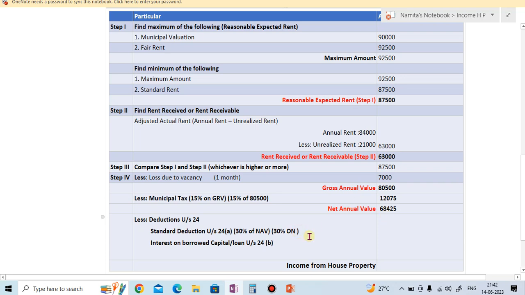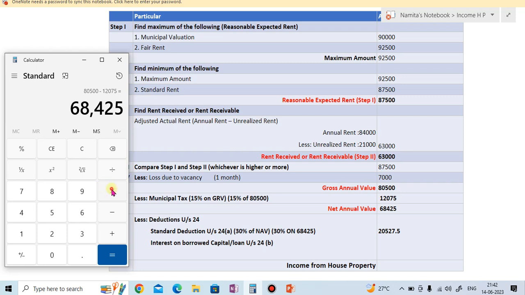So 30% on 68,425, we get 20,527.5. Okay, I will show you the calculation. 30%, 20,527.5 is the standard deduction.